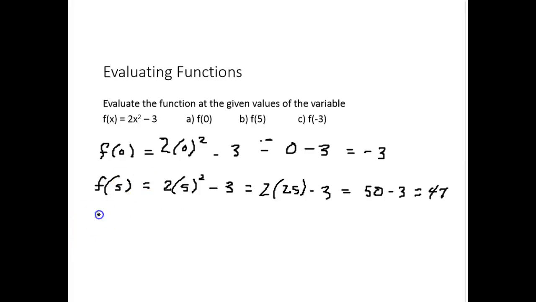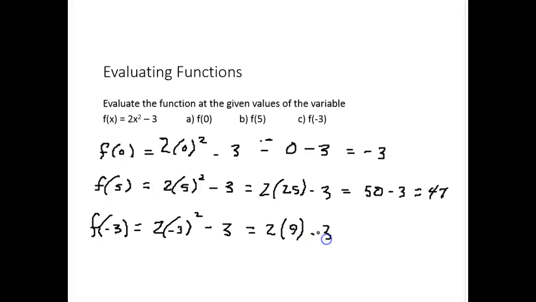Finally, let's do f of -3. Just going to plug and chug here. 2 times -3 squared minus 3. -3 squared: -3 times -3 is a positive 9.